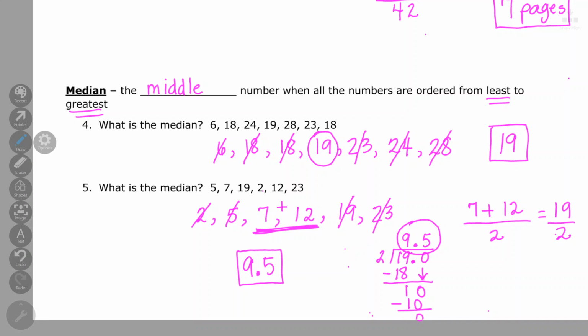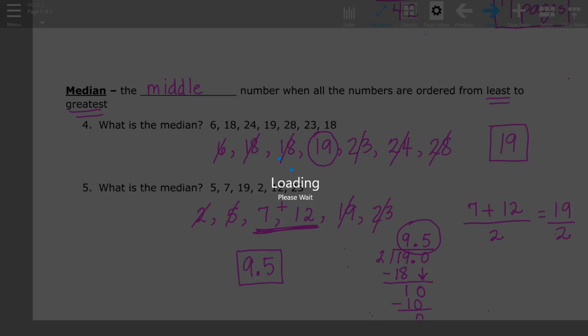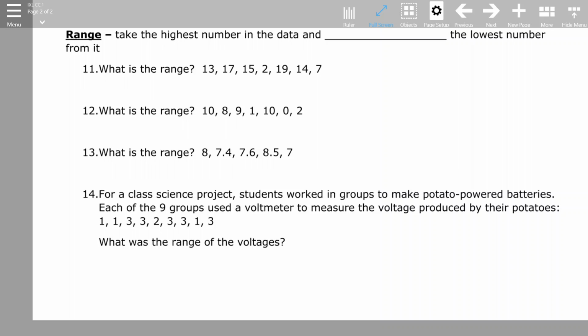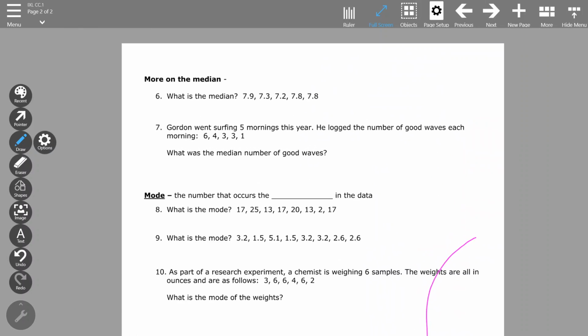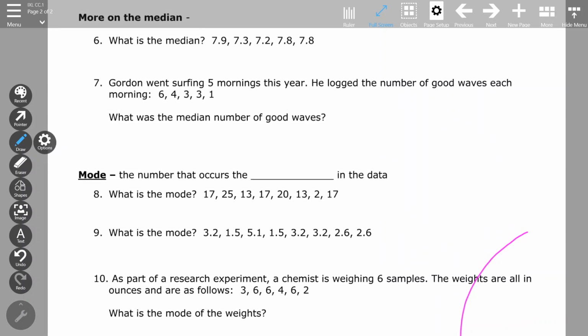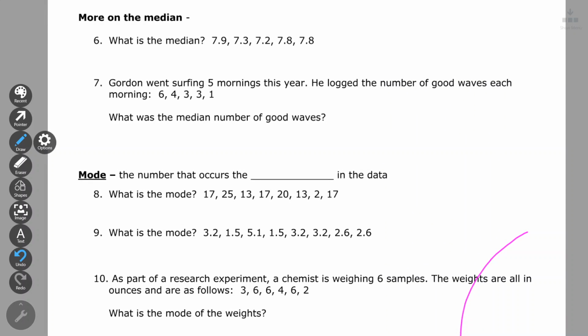All right, let's keep moving forward. Going to number 6. It says, what is the median? So we're still looking at the median. Remember, that's the middle number, but they have to be ordered from least to greatest. So what if they give you decimal numbers, like in number 6?